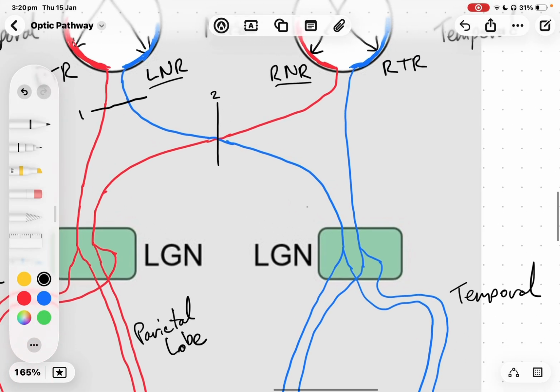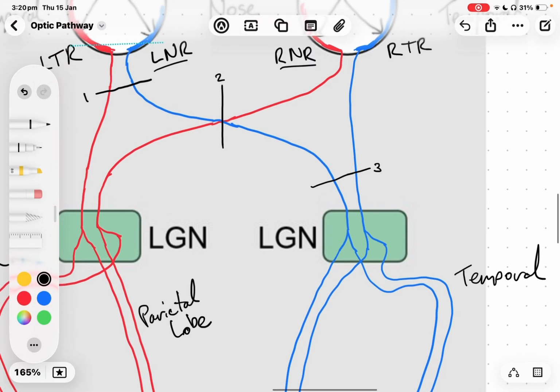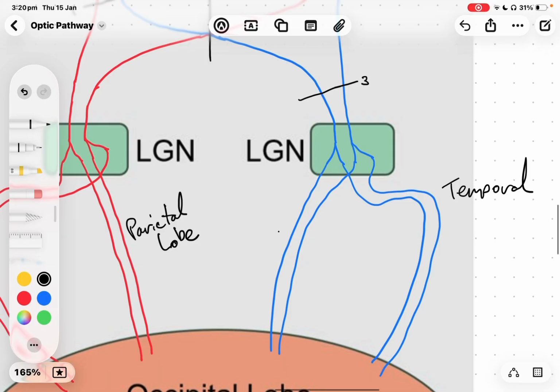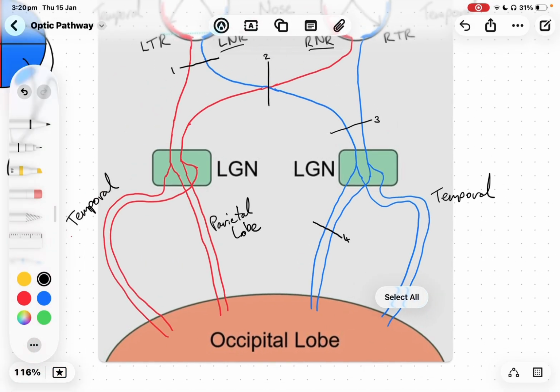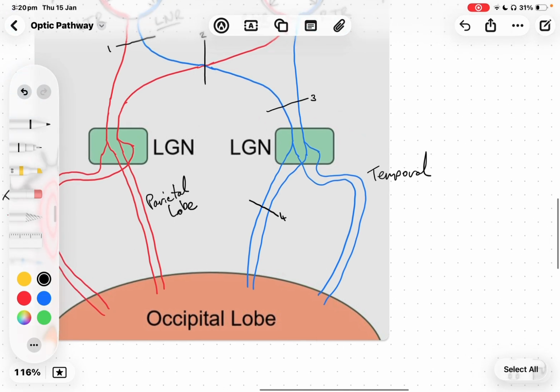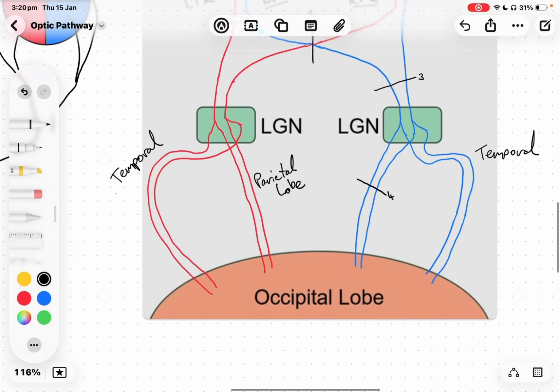If I was to put a lesion through the optic tract, call that number 3. And if I was to get a lesion through this optic radiation, one other thing I forgot to mention: after the LGN, all of these fibers are now called optic radiations. And how about number 5 be this one? Or actually, I'll do this one for the other side. Number 5 just here.